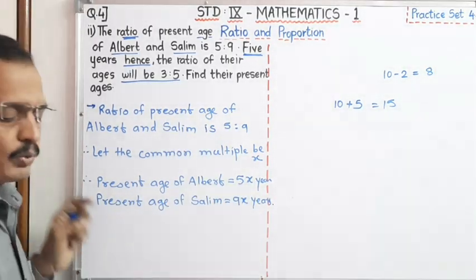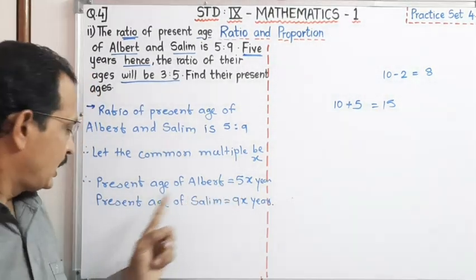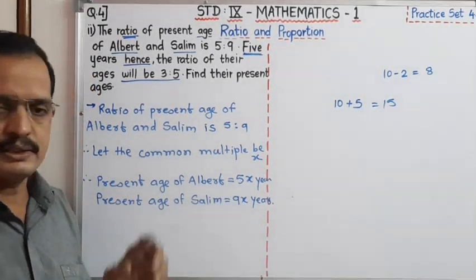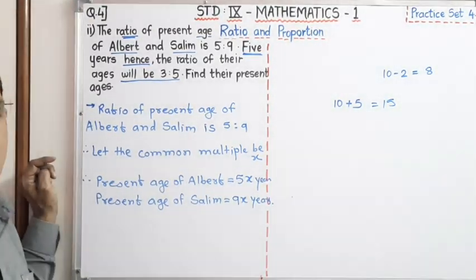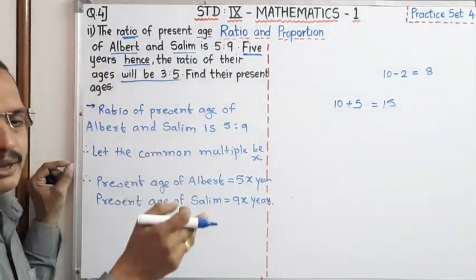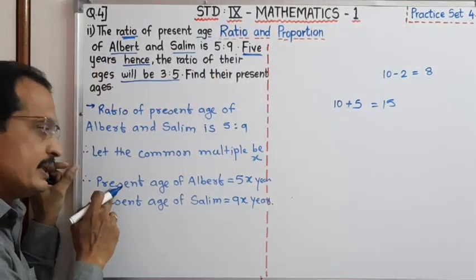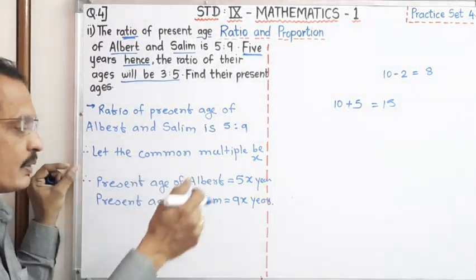Now see, from this information we find out the present age of Albert is 5x and the present age of Salim is 9x. Now from the other information, after 5 years, that means 5 years hence. We have to find out the ages of Albert and Salim after 5 years.